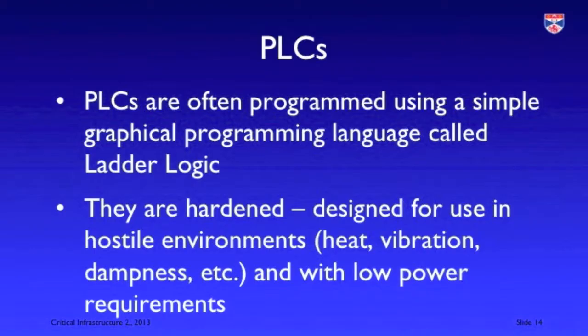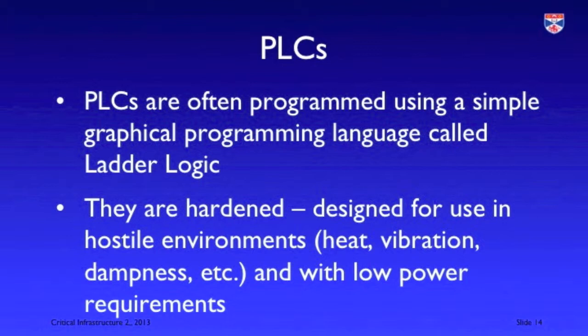The other thing about PLCs is that they're designed to operate in hostile environments. Unlike a standard PC, which is designed only to operate in a very limited set of environmental conditions, PLCs may have to operate in areas where it's very hot, where it's damp, or where there's lots of vibration.